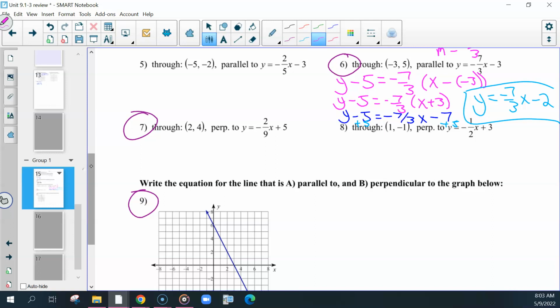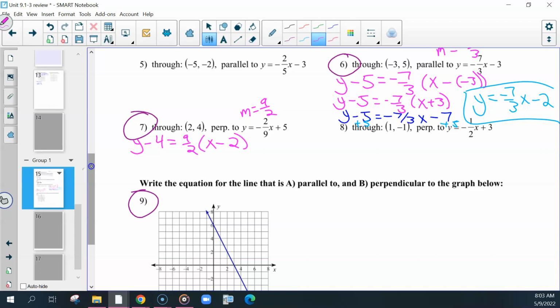Positive 9/2. And then we're going to do the same thing we did before. So y minus y1 is 4, our slope is 9/2, x minus x1 is 2.